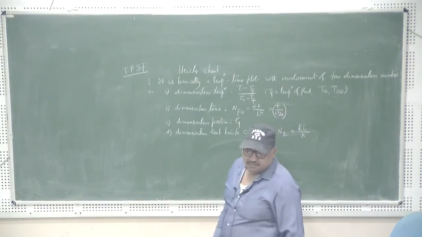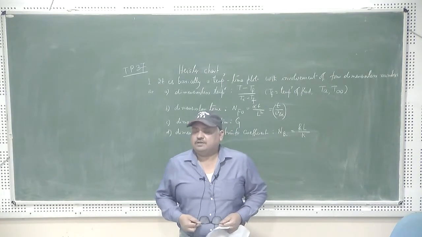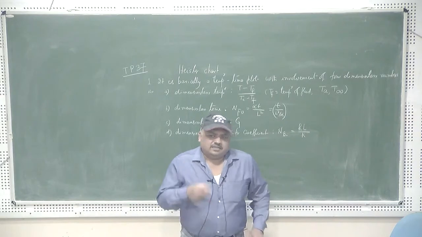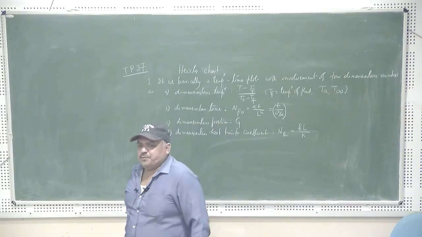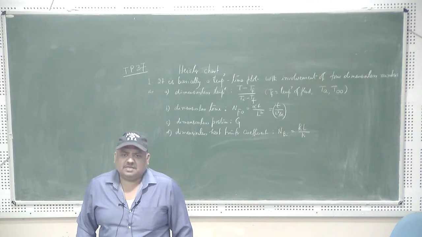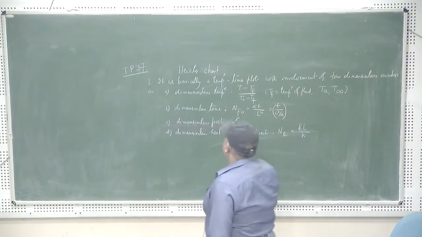Another important thing which is related with the Hesler diagram is this. The question may be brought in your mind that under which circumstances this Hesler chart can be utilized.